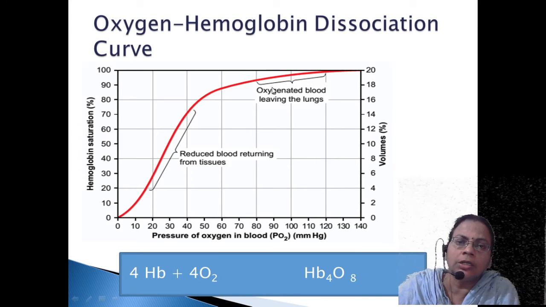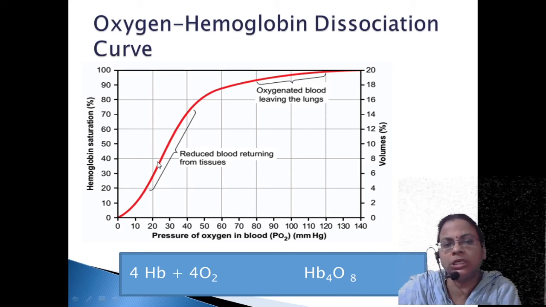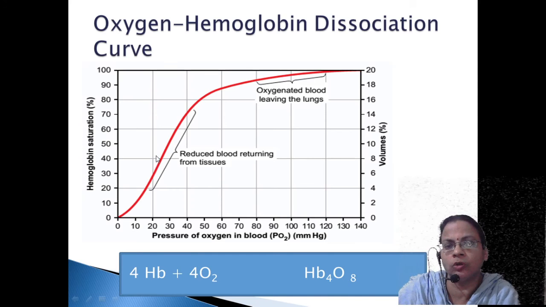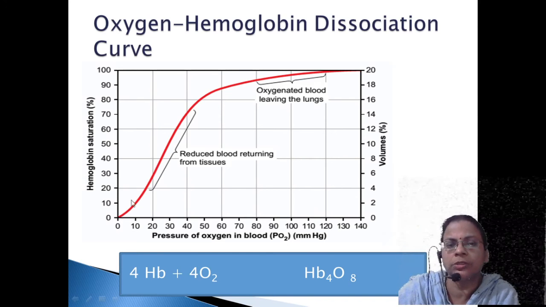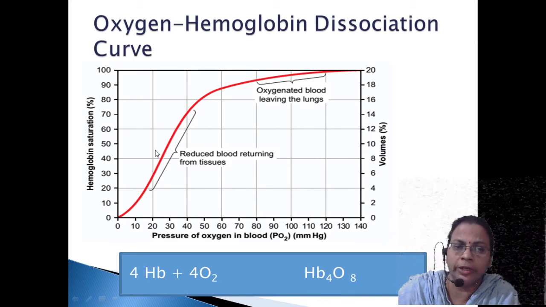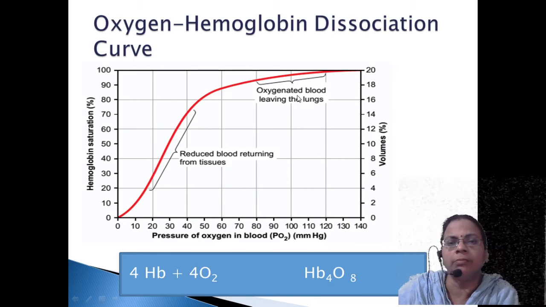So immediately, with the higher partial pressure, hemoglobin in the capillary will take oxygen from the lungs and form oxyhemoglobin. In the tissues it is dissociation of oxyhemoglobin into oxygen and hemoglobin, and here it is binding.